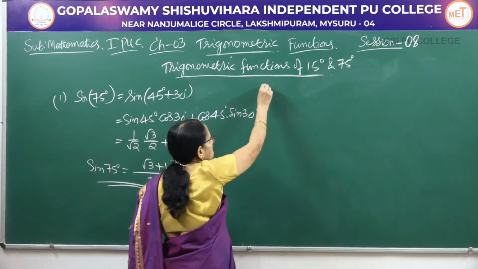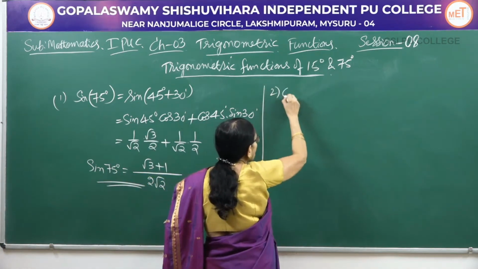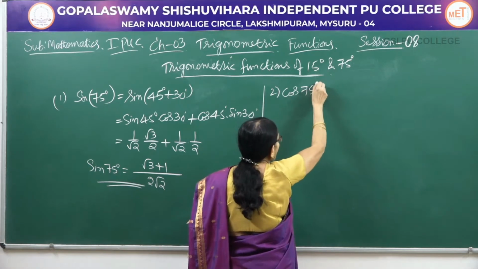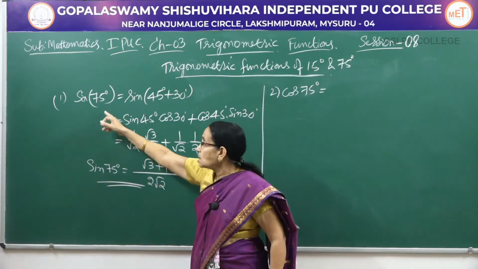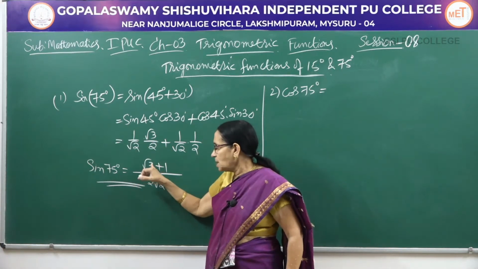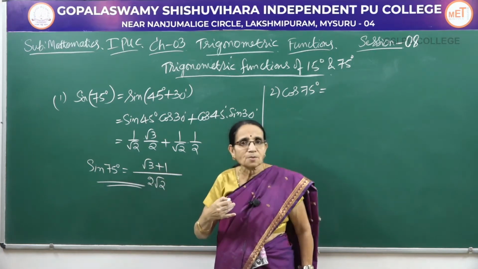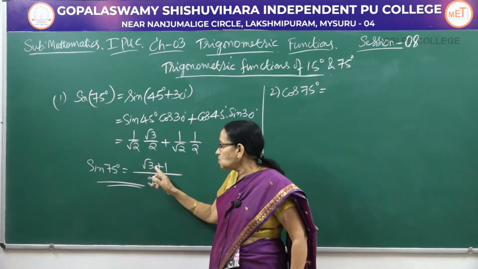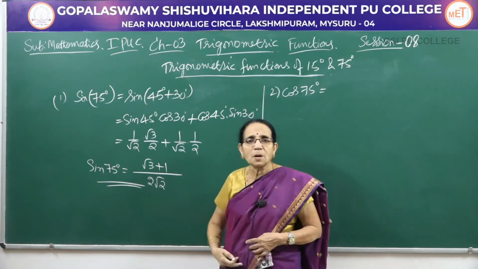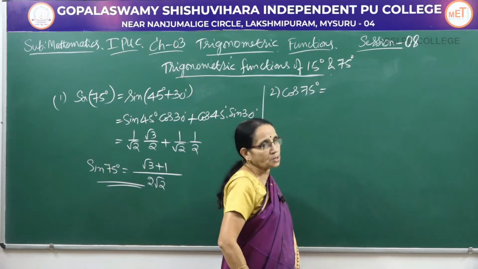Now let me consider the second one, cos of 75. Don't get confused here, because the same numbers will be coming across rather often. Sine of 75 is root 3 plus 1 divided by 2 root 2. Now come to cos 75.